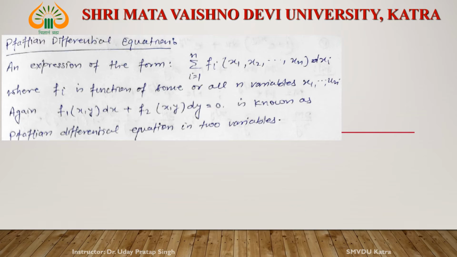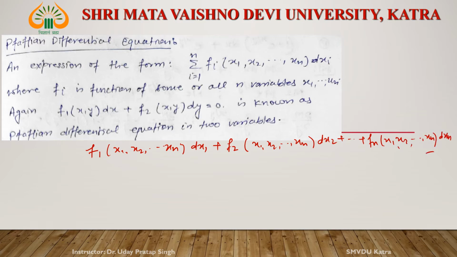Now come to the Pfaffian differential. What is a Pfaffian differential? A differential of this form is known as a Pfaffian differential: F1(x1, x2, up to xn) dx1 plus F2(x1, x2, up to xn) dx2 plus up to Fn(x1, x2, up to xn) dxn, not equal to 0.